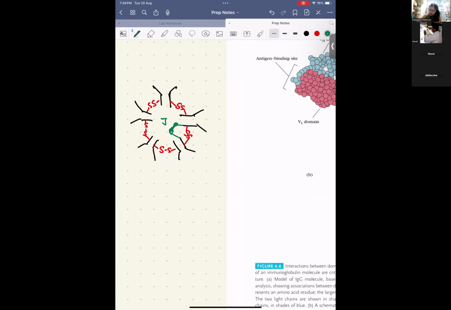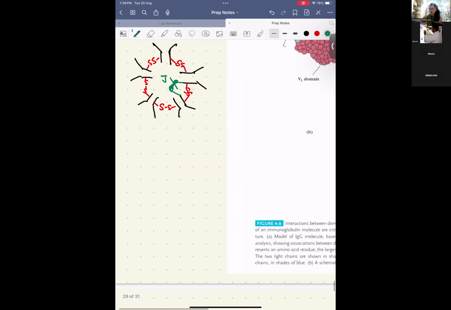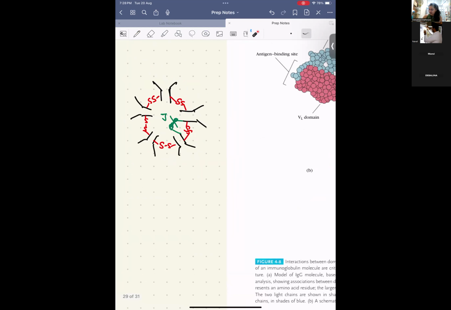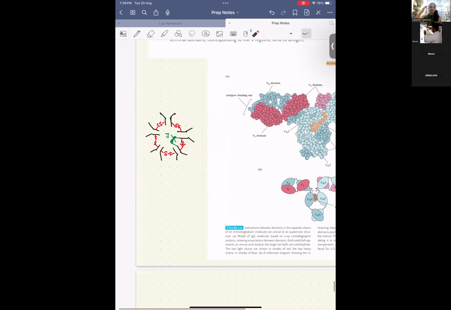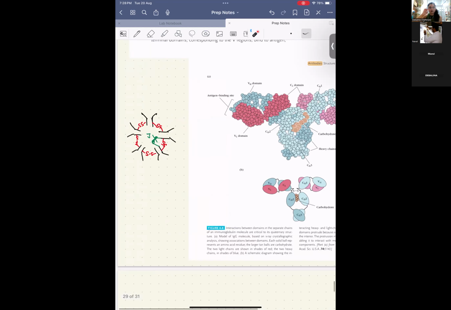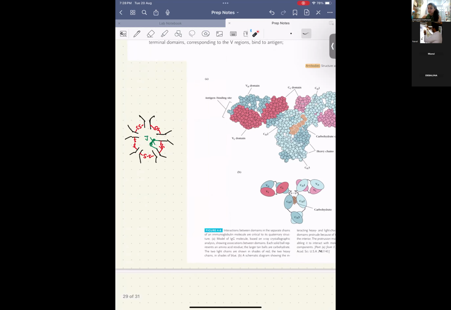And if this J chain is removed, then this entire pentameric structure is broken down, and you have five different antibody molecules coming into the circulation. So once your bound receptor is released into the circulation from the plasma cell, it can assume a structure like this.